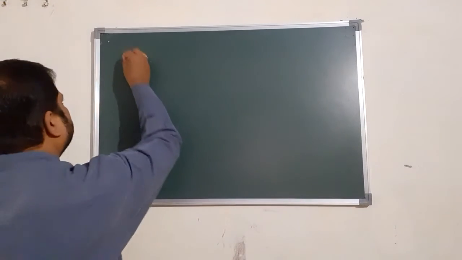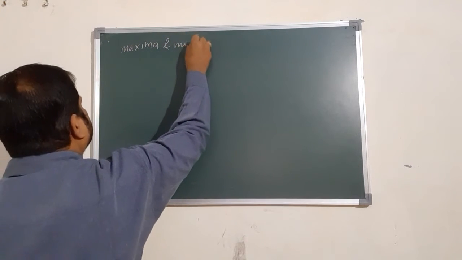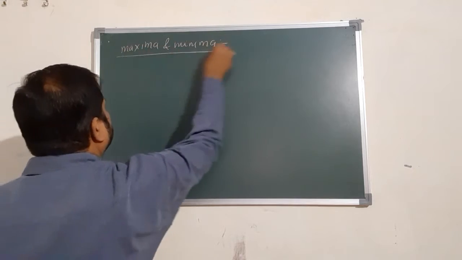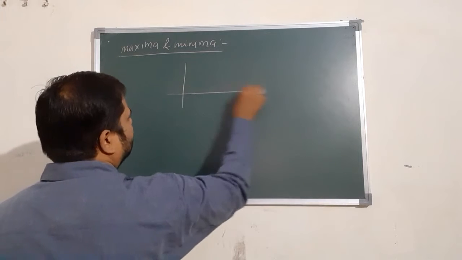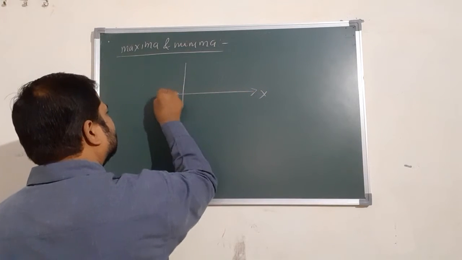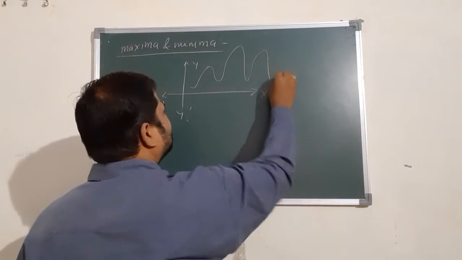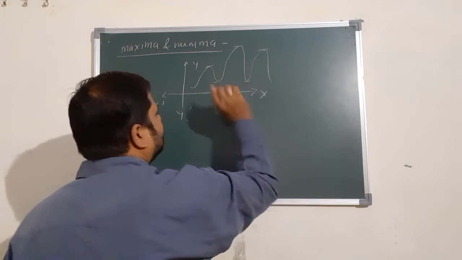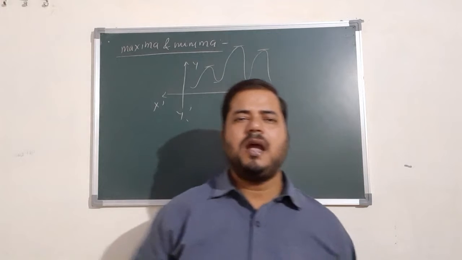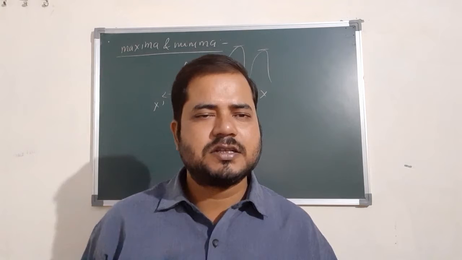You know very well, if this is the curve, then there are so many maxima and minima. These are the maxima, these are the minima. So we have to know about the concept of local maxima and local minima, and maxima and minima.